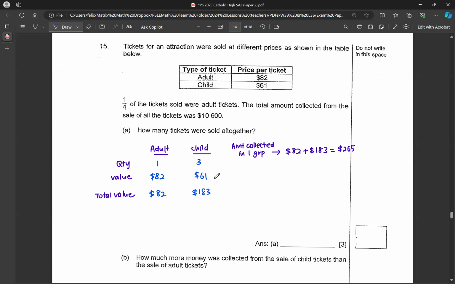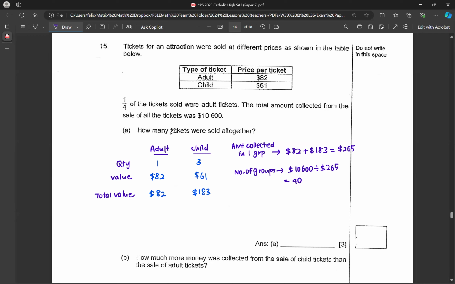So in one group, I collect $265. But since I'm collecting so much money, 10,600, there must be many more of such groups. So the next step is to find the number of groups. You use your $10,600 divided by $265 per group. So there will be 40 of such groups.